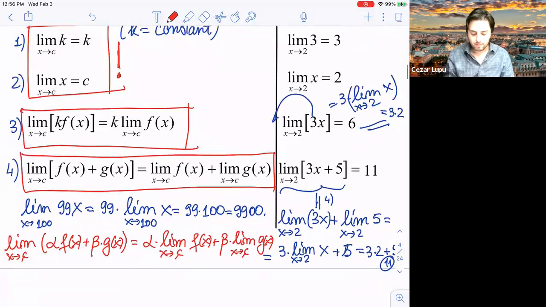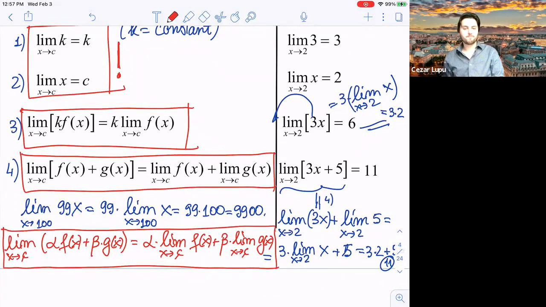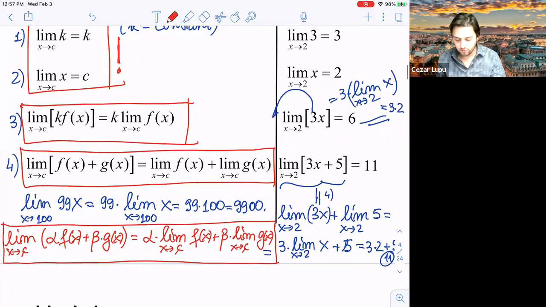This holds true by combining 3 and 4. Right, because in number 4, those constants are 1: it's 1 times f of x plus 1 times g of x. But anyway, you can have this more general limit by just combining 3 and 4. All right, let's move further.